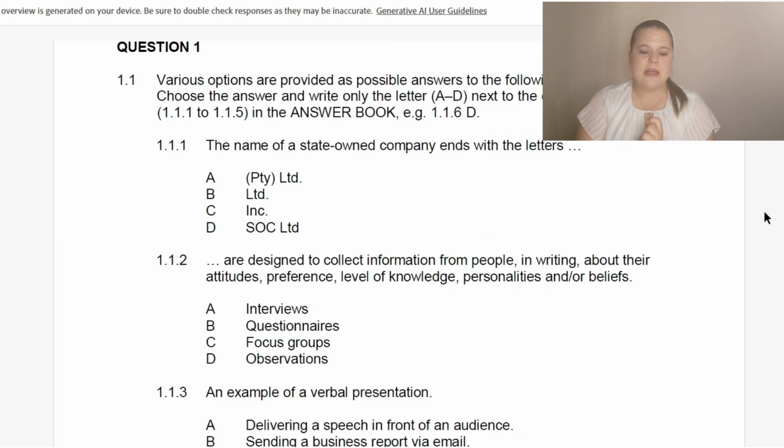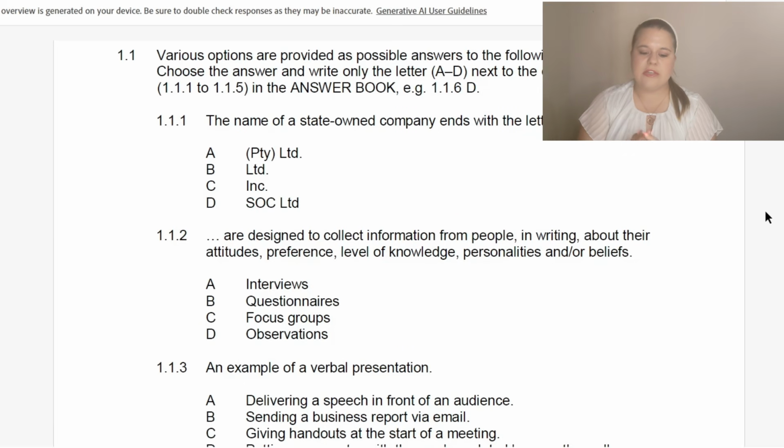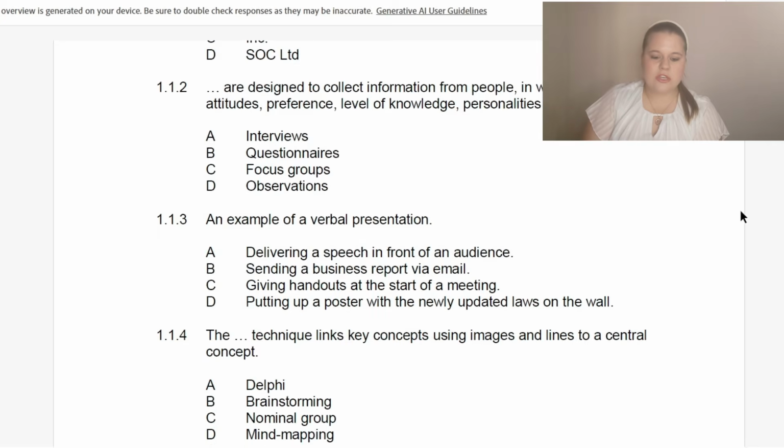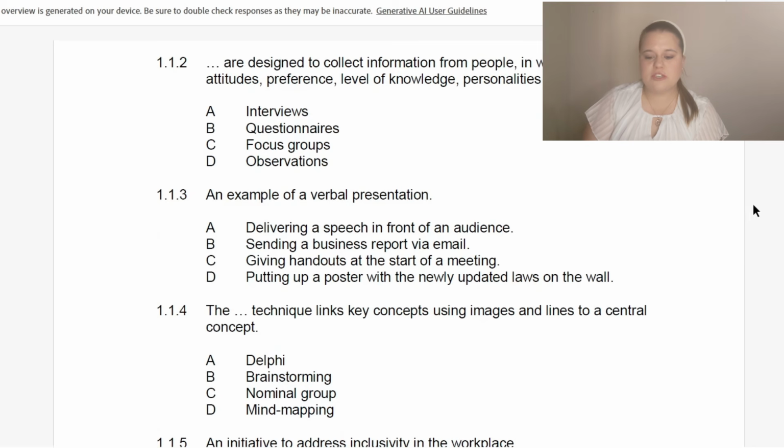Here we will see the name of a state-owned company ends with the letters. That is your forms of ownership, business ventures. What are designed to collect information from people in writing about their attitudes, preferences, level of knowledge, personalities, and or beliefs?